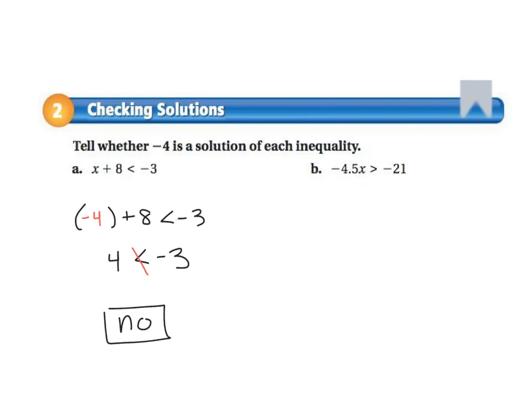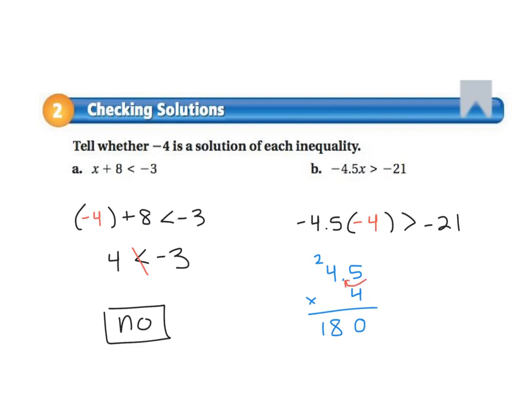Now let's check this one. Here we have -4.5 times our value, so times -4. So let's do a little bit of multiplication. So 4 times 5 is 20. 4 times 4 is 16, plus 2 is 18. And then we need to count how many times to move our decimal.